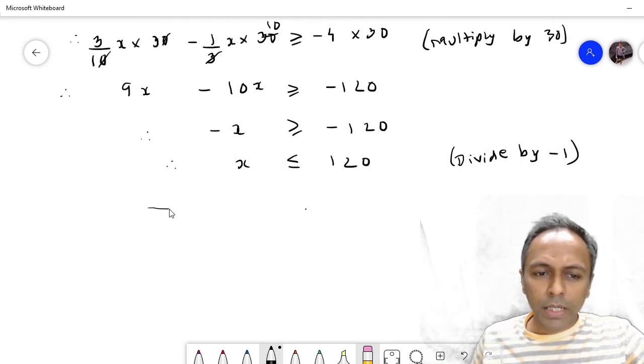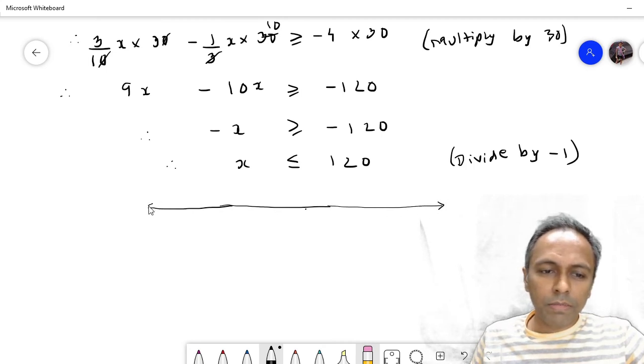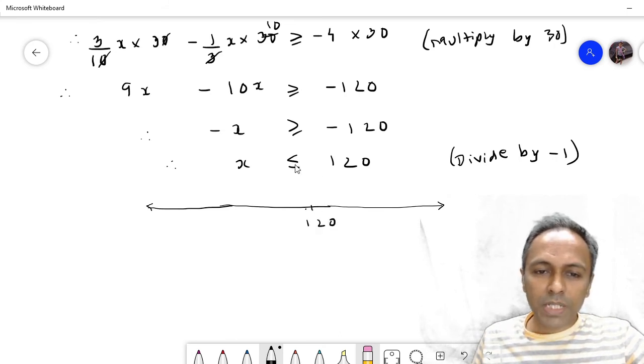We can make a number line and say we mark 120 here, and you want all values less than or equal to 120.